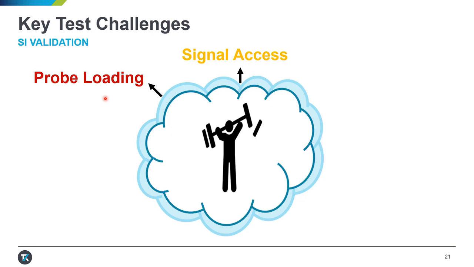Now it's getting harder and harder to access signals on the interposers, especially if they are right next to each other. Also, adding probes and interposers, they act as an additional load on the DDR bus and deteriorate signal integrity.